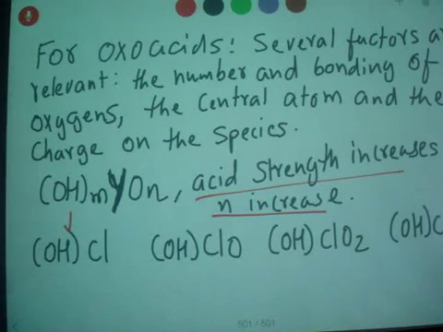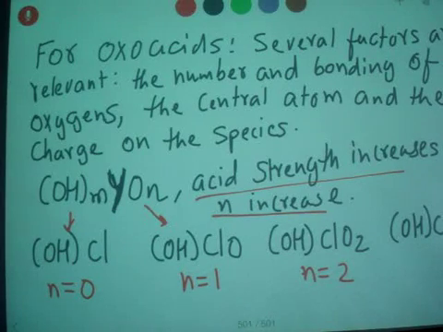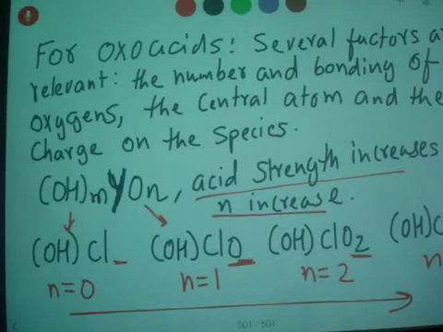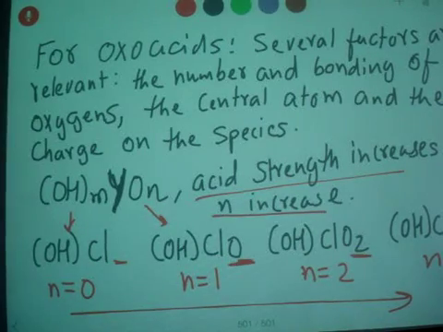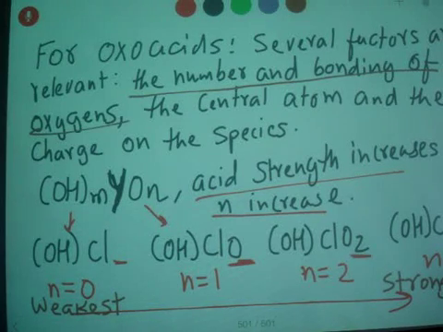When you compare those formulas, you can see n here is 0, n here is 1, n here is 2, and n here is 3. So when n increases, acid strength increases. So this is the weakest, and this is the strongest. When the number of oxygens increases, its acid strength increases. So the number and bonding of oxygens is one that affects strength.